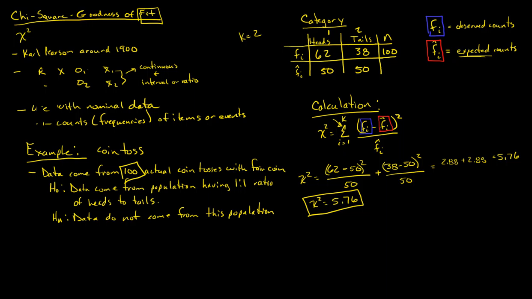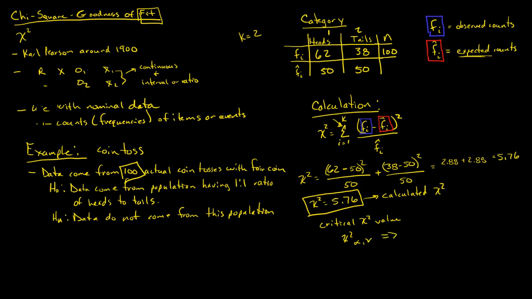Now, similar to our general steps, this is our calculated chi-square, and we're going to have to compare it to a critical chi-square value, which is going to be chi-squared at a certain alpha and a certain nu, or degrees of freedom.